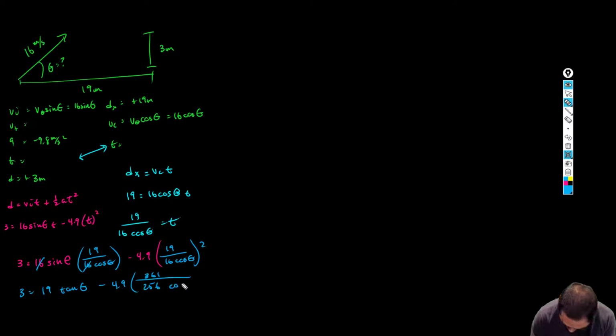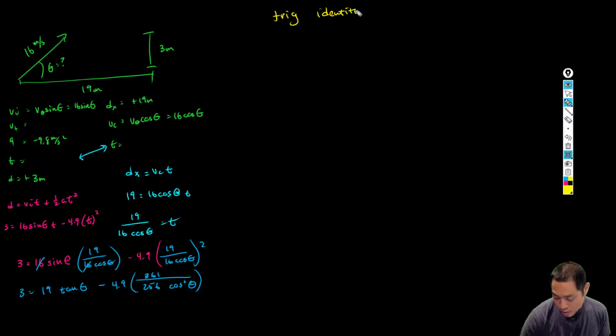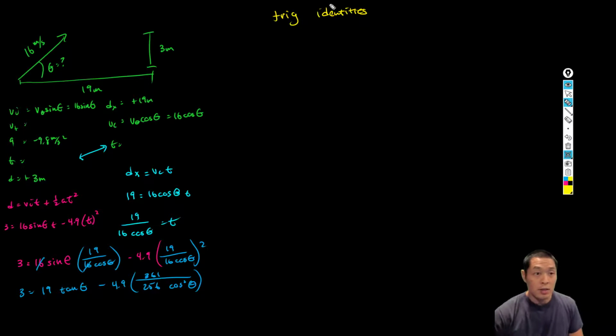And then you have cosine squared theta. Ugly. I'm going to simplify this, and then I'm going to change this to cosecant. There are some trig identities that I'm going to take advantage of, these two right here. Let's see if I can find them really fast.